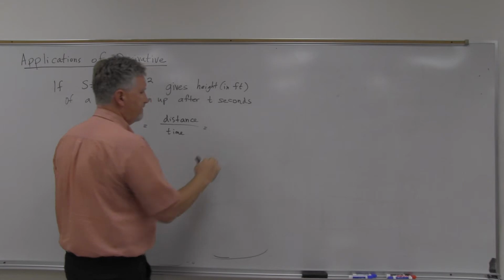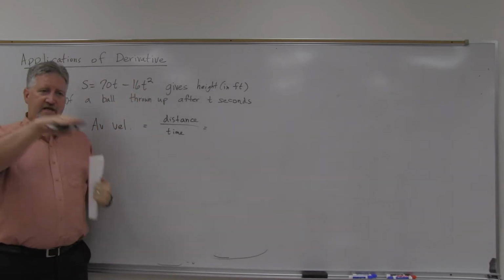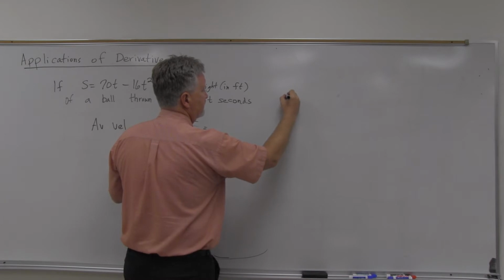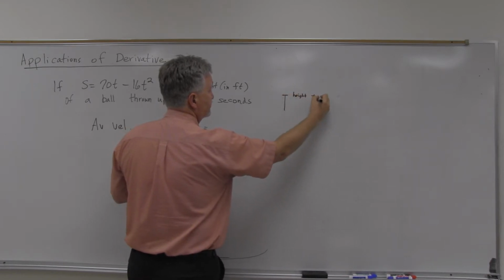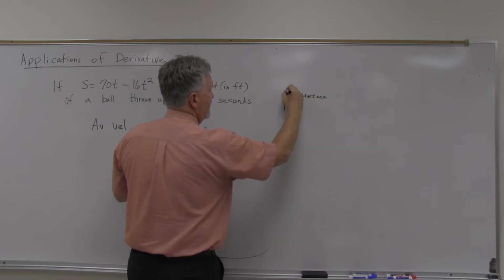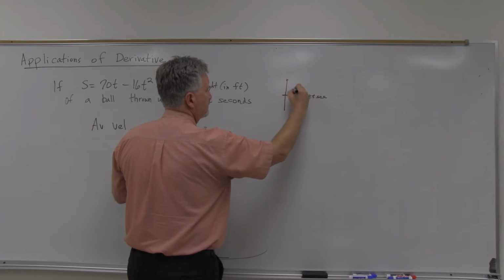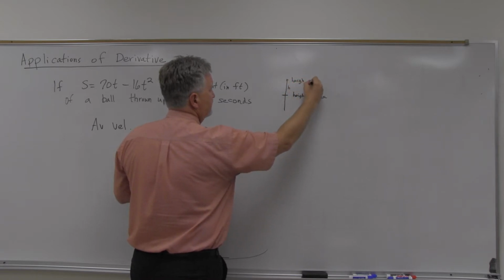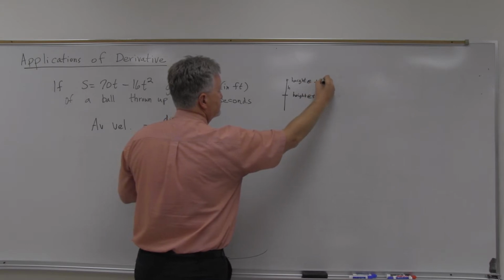And so what you'll have is, let's say this is time t here. So that's the height at t seconds. Then we go h seconds more, and we get a height at t plus h seconds.